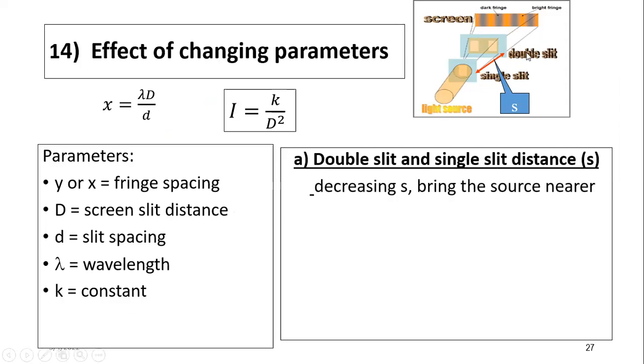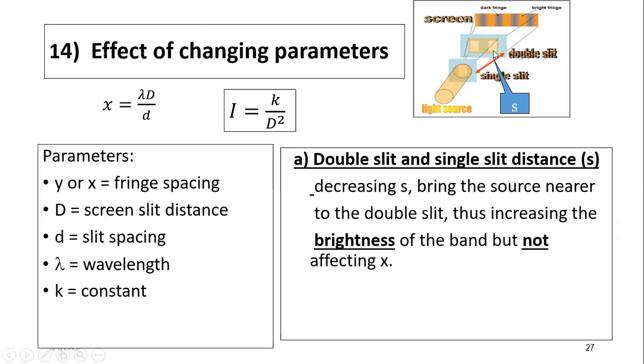Double slit, single slit, decreasing S. The single slit, S. Sorry, S is that distance there. Sorry, I get a bit confused using the same symbol. That's your distance S. So if you decrease S, you are bringing this source and this single slit nearer to the double slit.